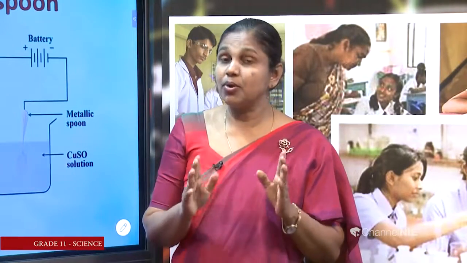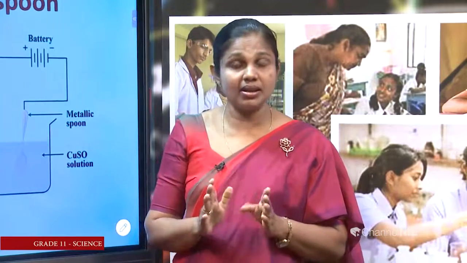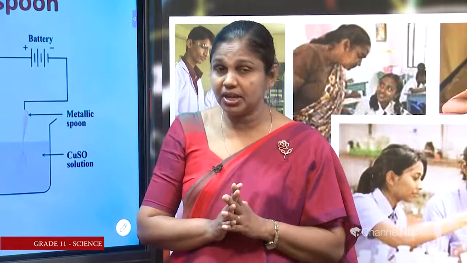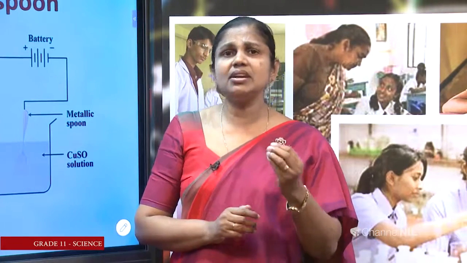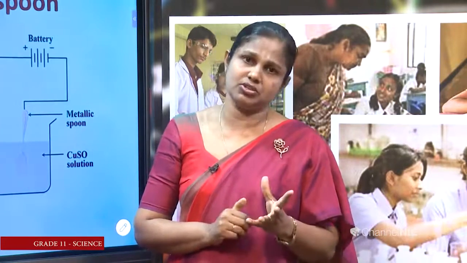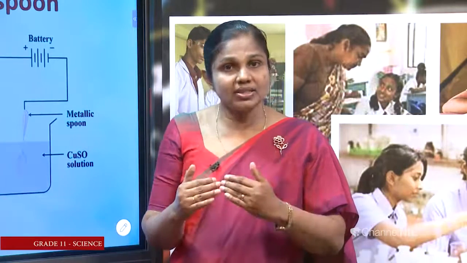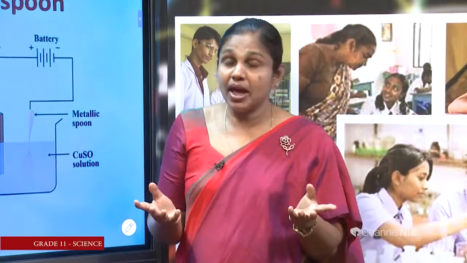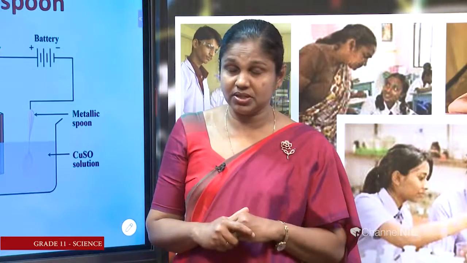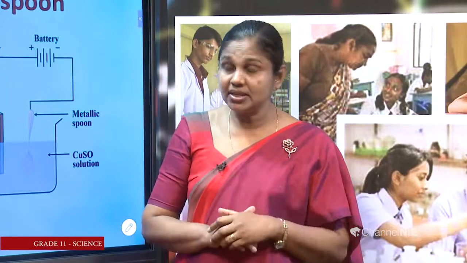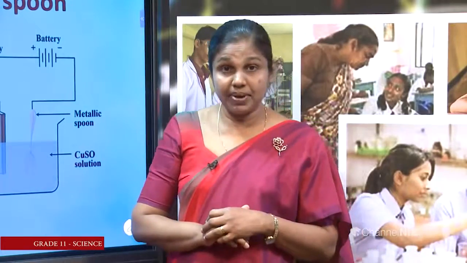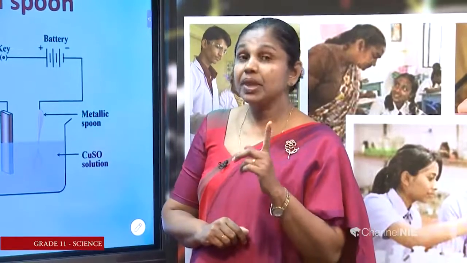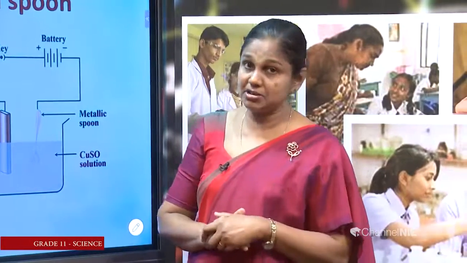If we use both carbon rods and only dilute copper sulfate solution, there is a limited number of copper ions in the solution. Once copper ions get finished, then the current flow stops in the solution, children. Because of that, the anode must be replaced by a metal of the same metallic ion in the solution.